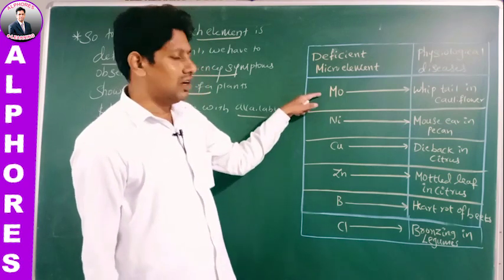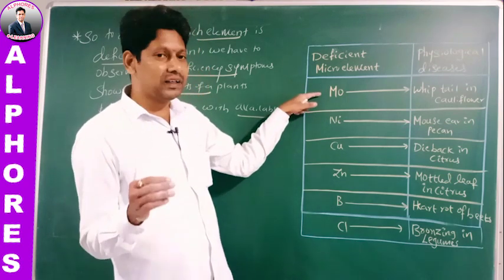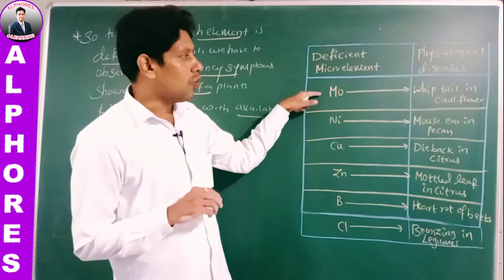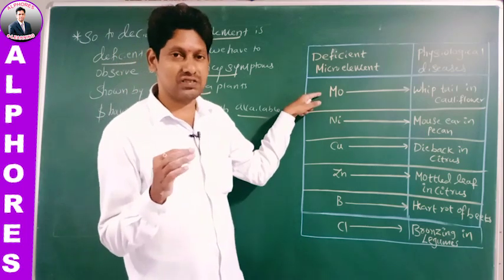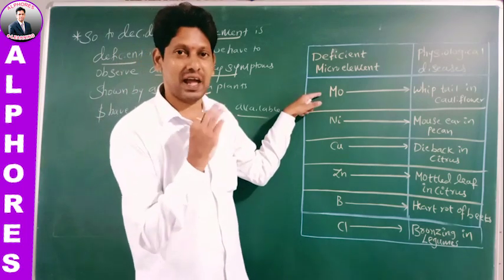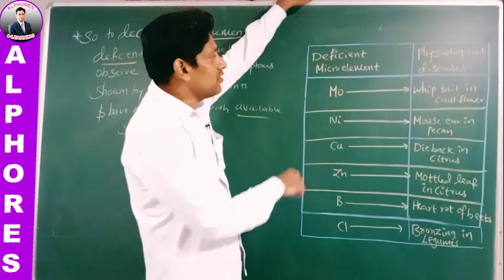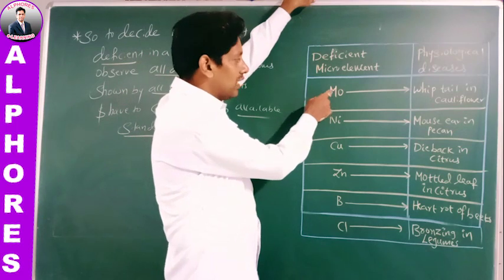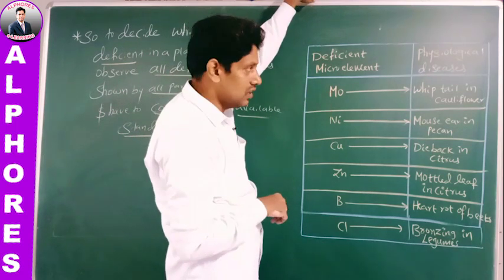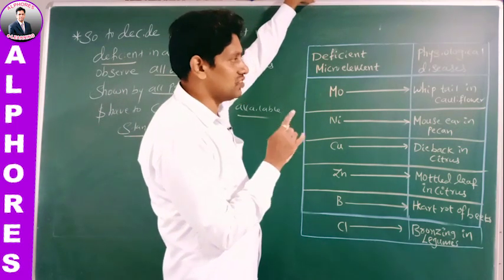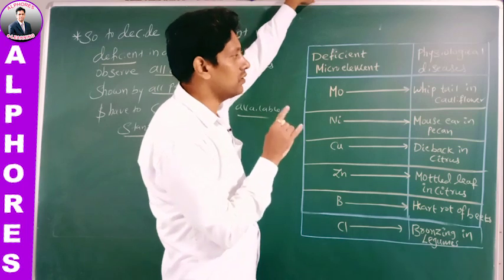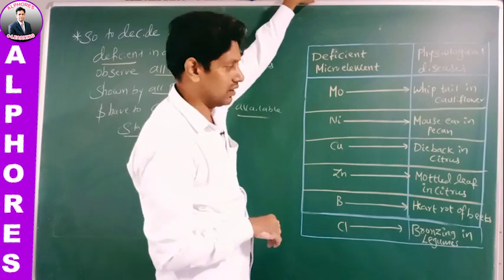If a micro element is deficient, what are the physiological diseases that arise in a plant, shown in this chart? For example, if molybdenum, a micro element, is deficient, the plant suffers with which physiological disease? Whiptail in cauliflower.